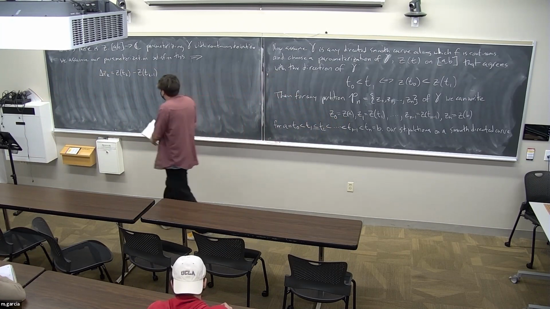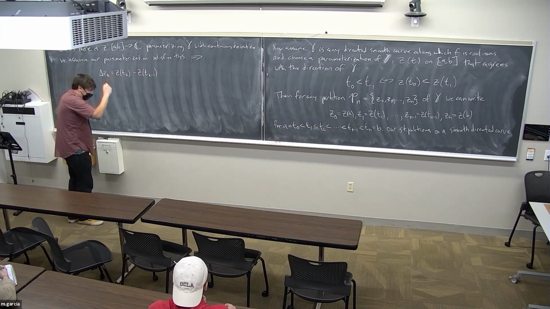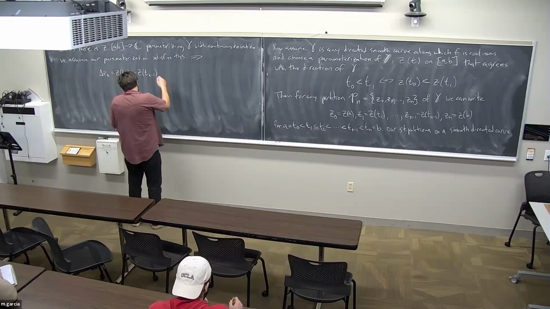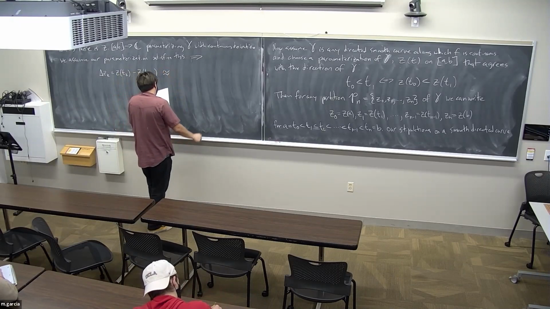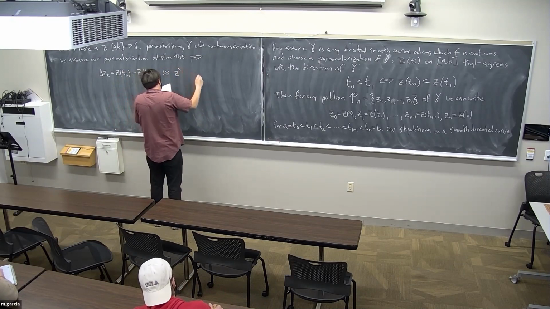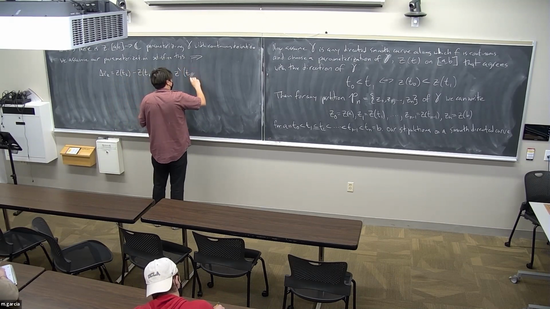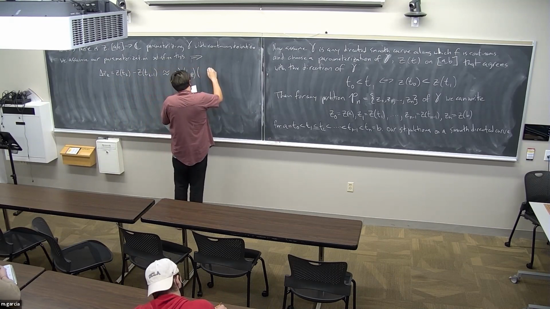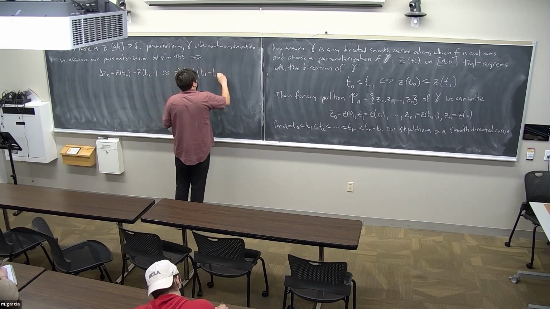Okay, so I'm looking at this delta z sub k in terms of my parameterization, which I insist has continuous derivative. This delta z sub k can be approximated by the derivative of z at t sub k, times t sub k minus t sub k minus 1.